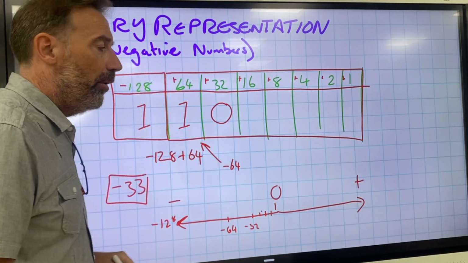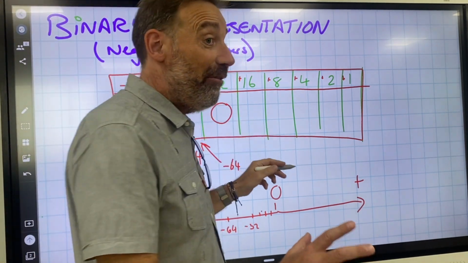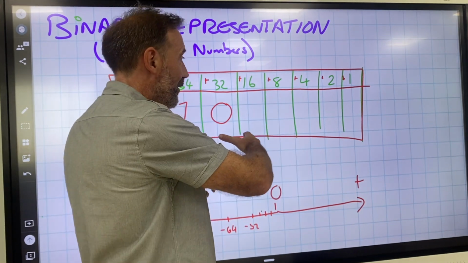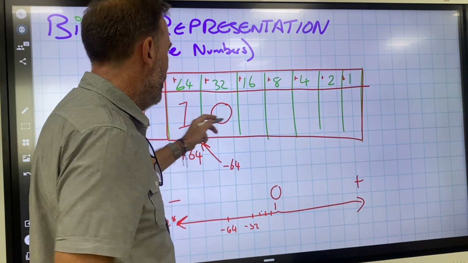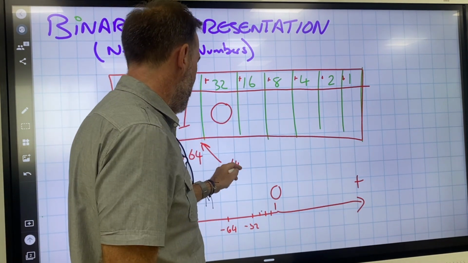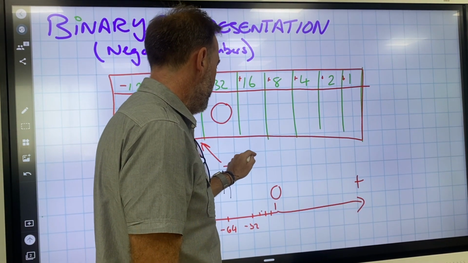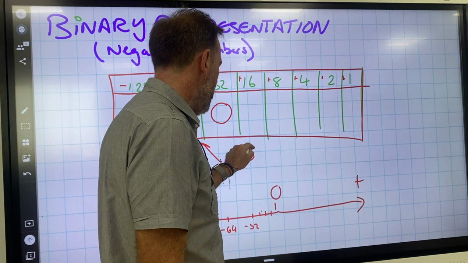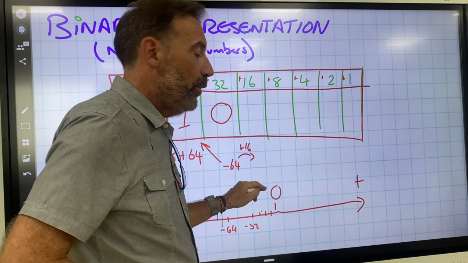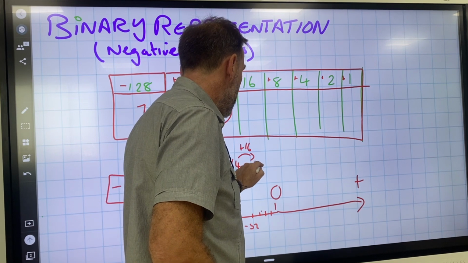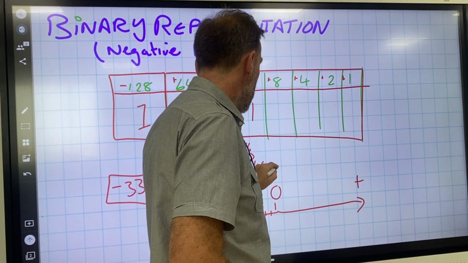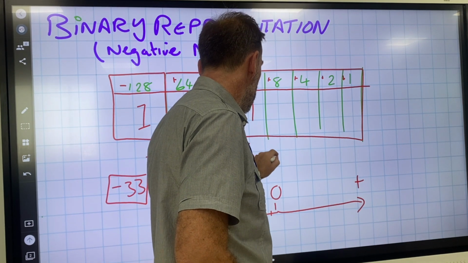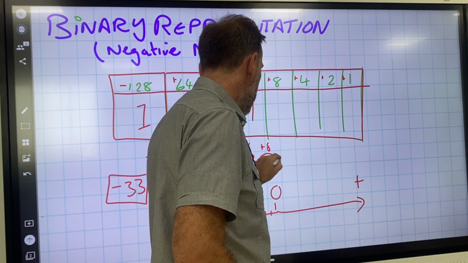But, in theory, and based on what we've learned in the other one, I should really be able to just put 1s in here, but we'll work it out. So if I add positive 16, I should get negative 48. Then I add an 8, negative 40.